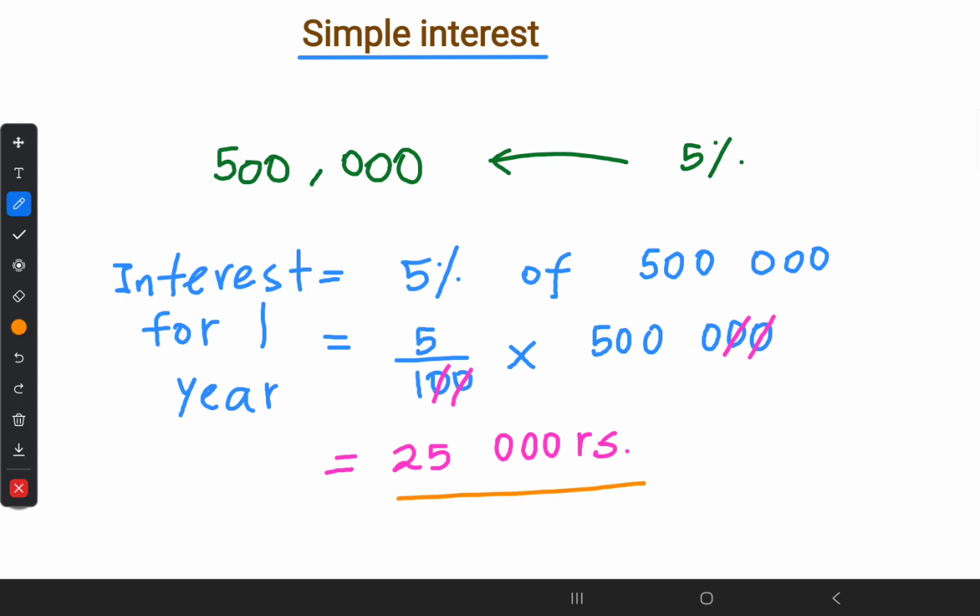Not only this 25,000: after getting 5 lakh rupees as your loan amount, if you return only 25,000, they will not accept it. The amount of loan you have taken is called the principal loan amount.